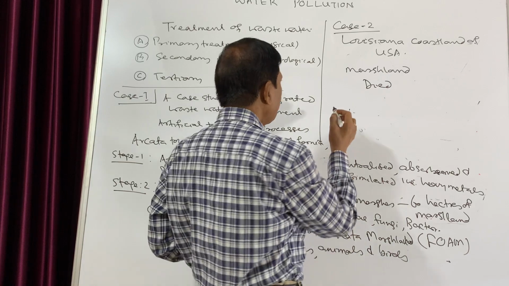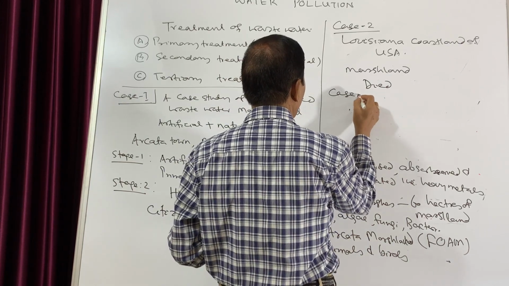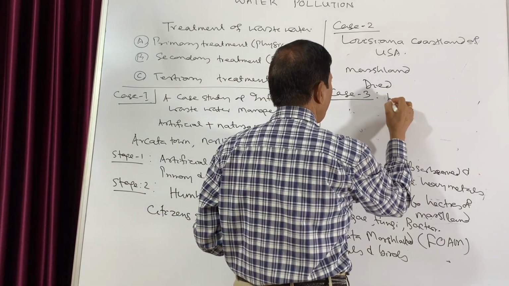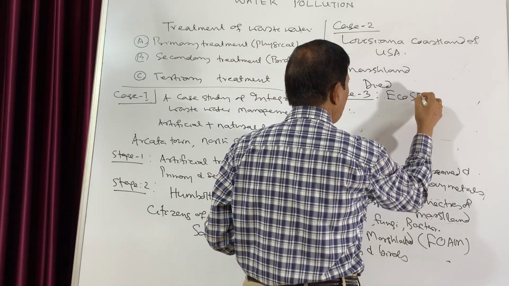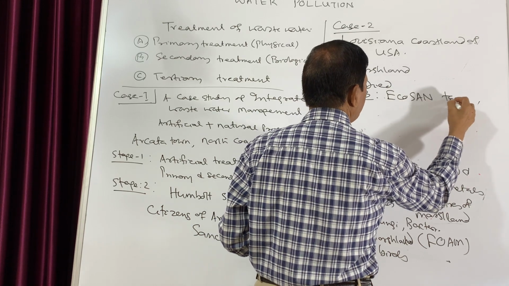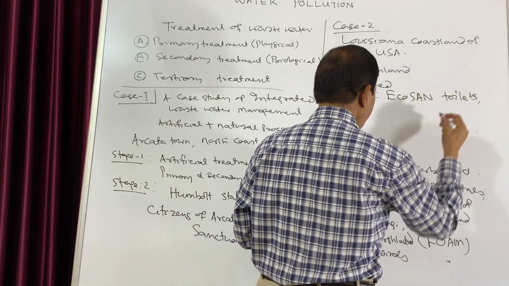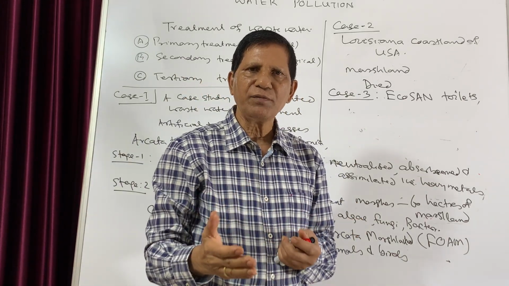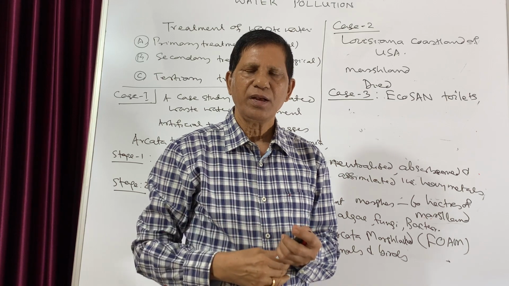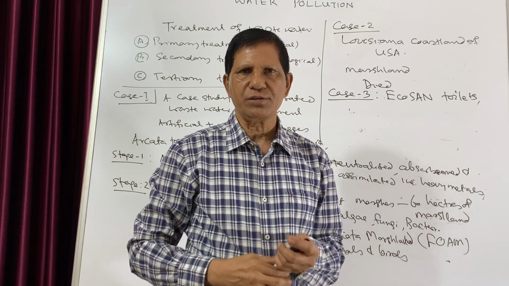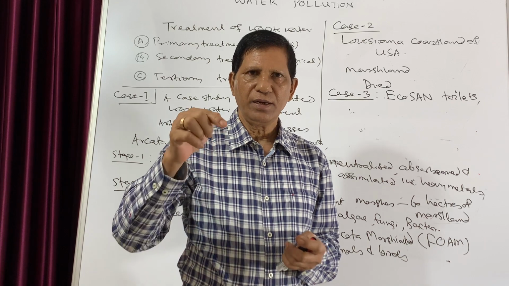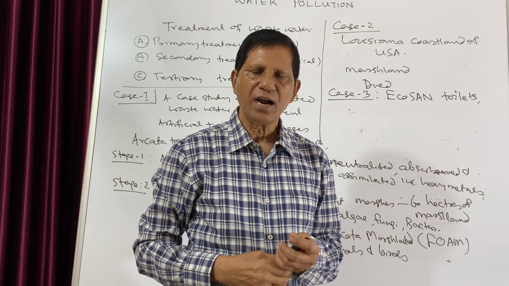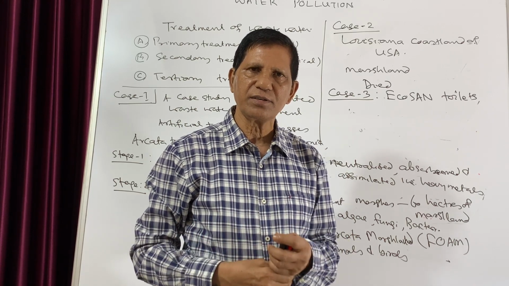Now let's take case number 3, the use of EcoSan toilets. Usually for the removal of human excreta, a lot of water is wasted, because when we flush the toilet, how many liters of water is lost?